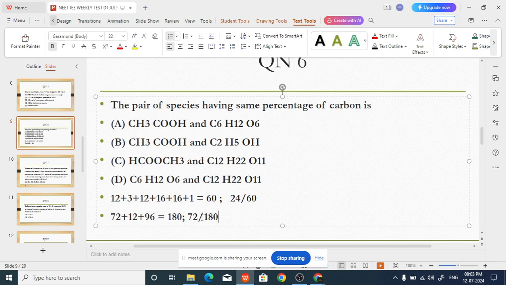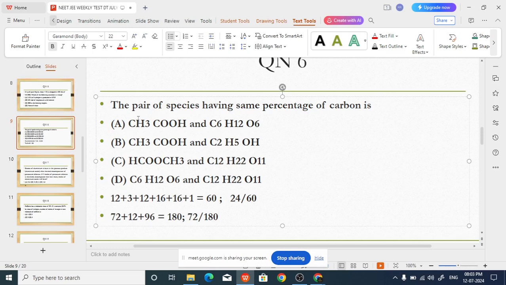I am asking, 24 by 60 and 72 by 180, is it equal? It is equal. 24 by 60, you multiply both numerator and denominator by 3. So 72 by 180 are equal.